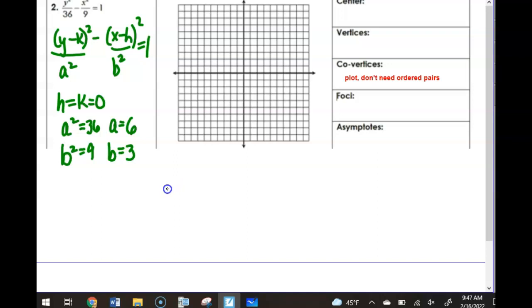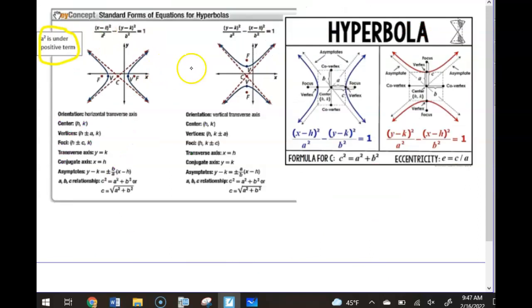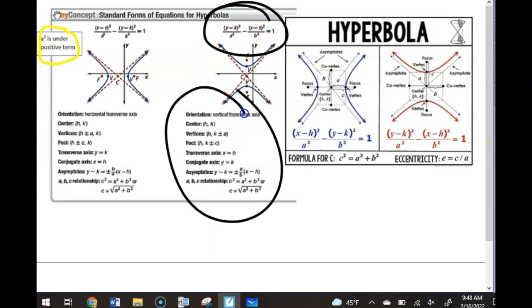All right. Which way are we going 6, though, from the center? The center is just at 0, 0. So if you're looking at your reference sheet, you should be looking at one that has a y squared first, this guy, right? There's going to be your recipe right there.